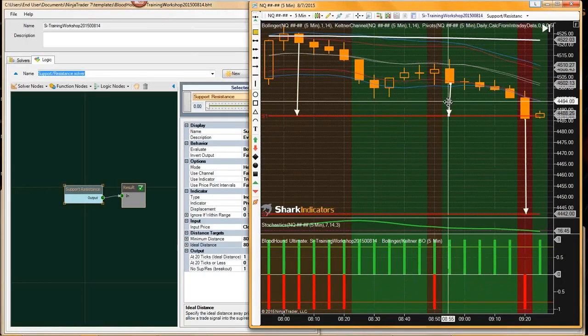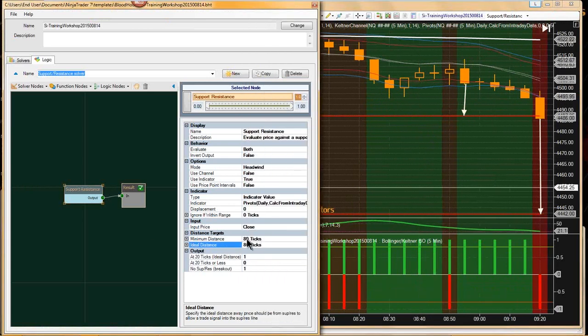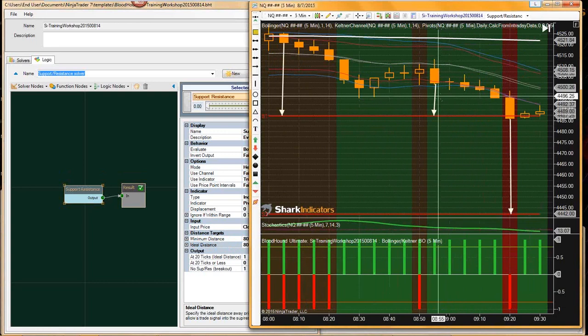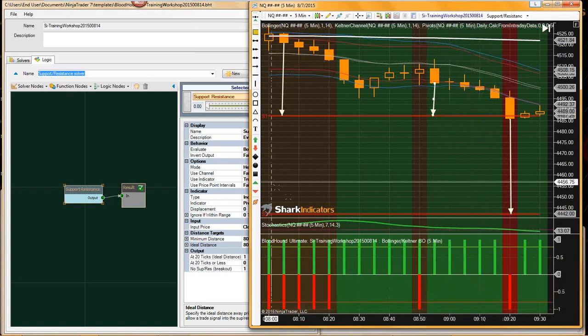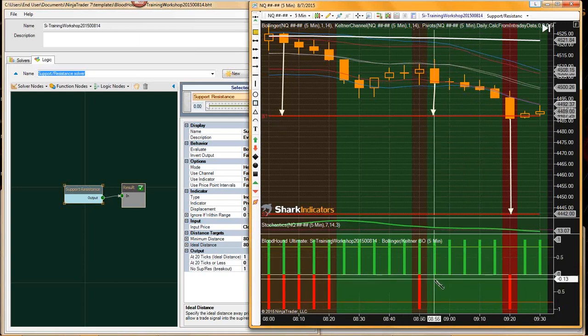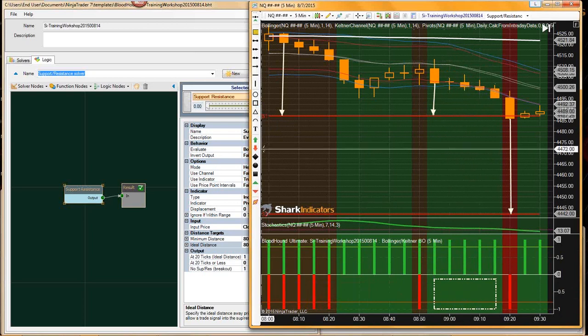So what we're looking at is that we need at least 80 ticks of clearance here to take a short trade or to take a long trade. To take a short trade, on this bar, since there is no short output, right? If we look here, there's no short output.